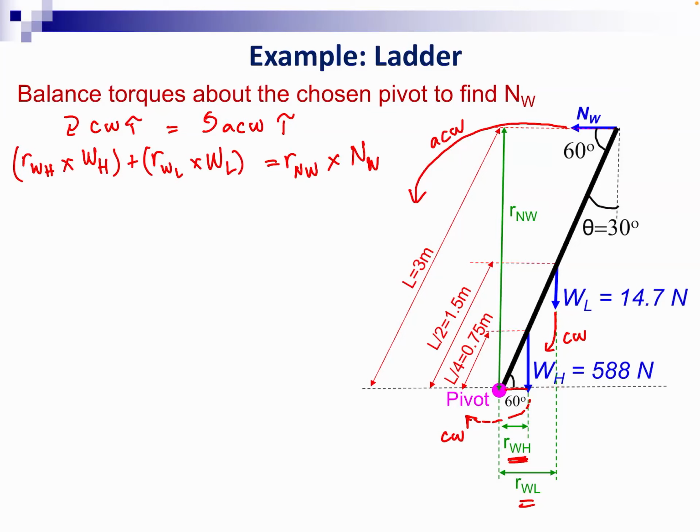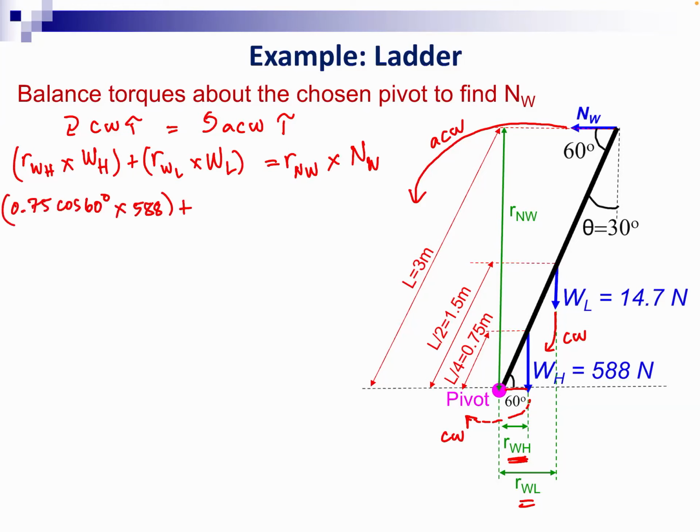So the clockwise torque will therefore be the hypotenuse here, 0.75 times cosine 60 degrees, times the weight of Homer, 588 newtons.